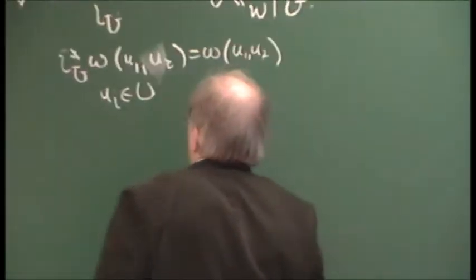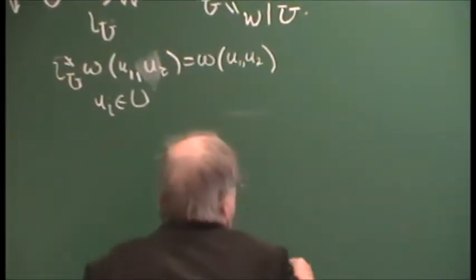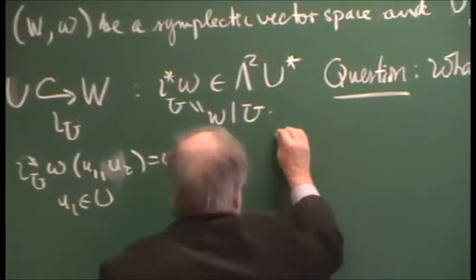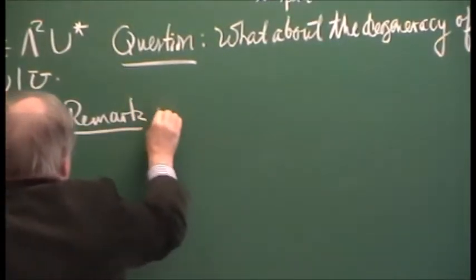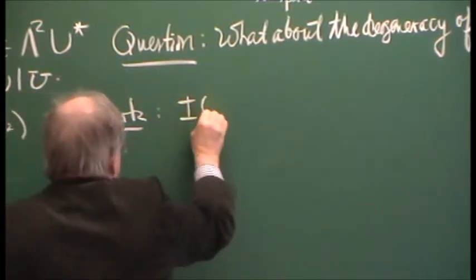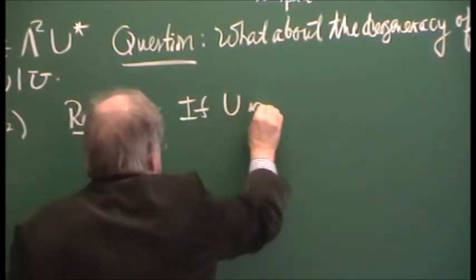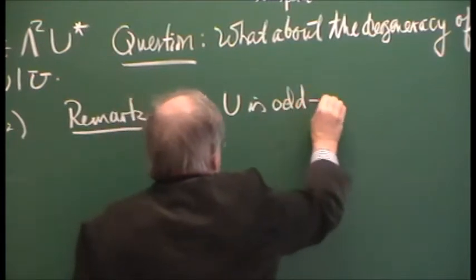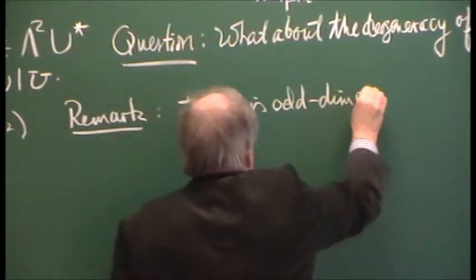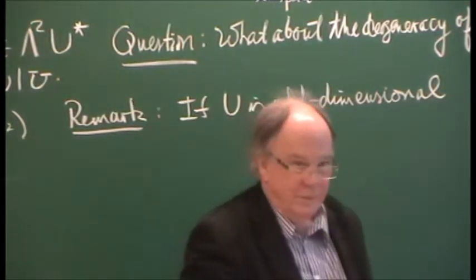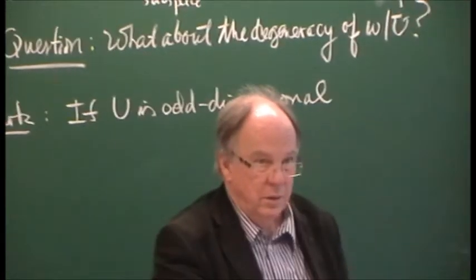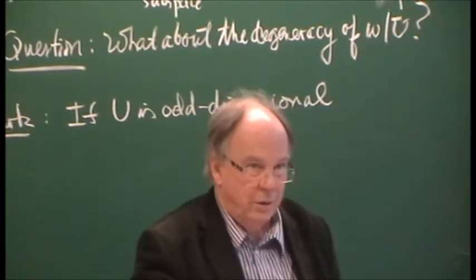So let me make a sequence of remarks, really silly remarks, but that's the easiest way to learn. So the remark is, if U is odd dimensional, then it is degenerate.